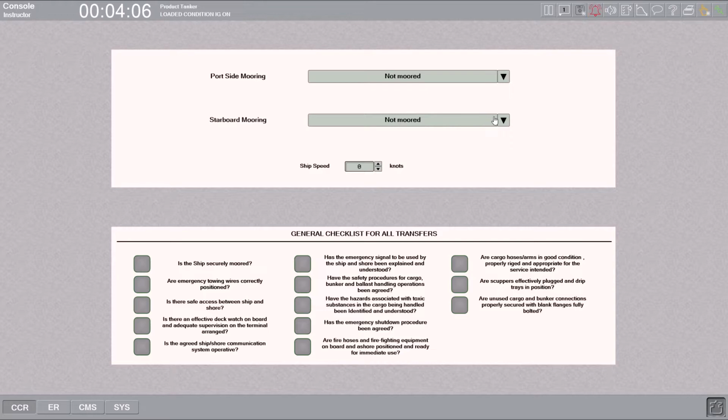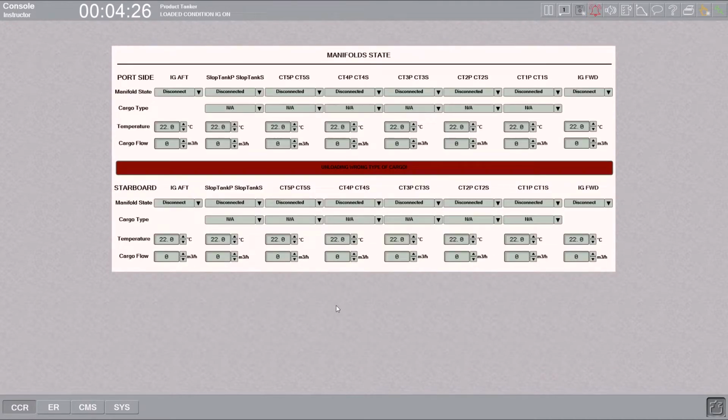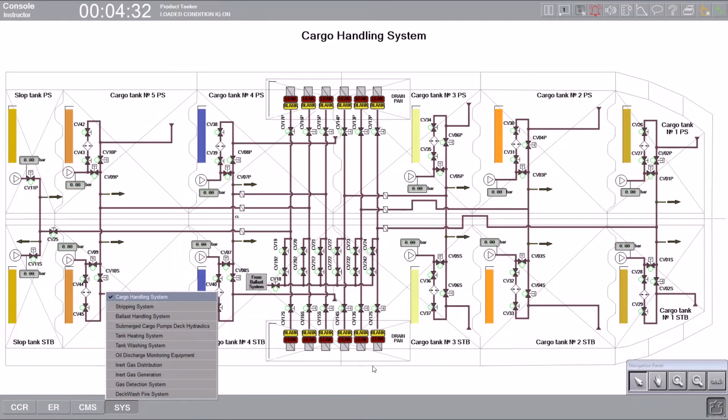Starting from the checklist as usual. This time we will make mooring on the starboard side. Checklist to be filled up completely, read it carefully and fill up all the boxes. Manifold states we have to return to a little bit later.